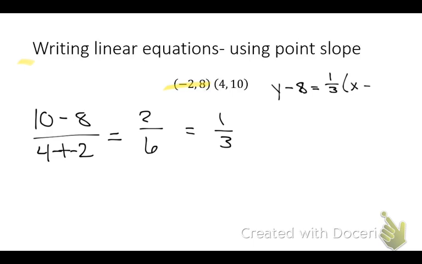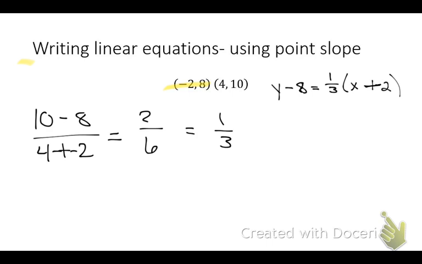What's my m? 1/3 times x minus, what's x1? Negative 2. So that counts, guys. If your x1 is negative, what happens to it when you subtract? It changes to positive. Now you need to distribute.